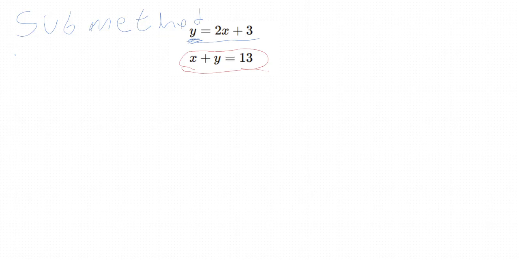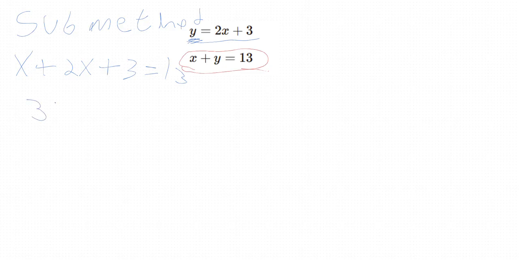So we can rewrite it as x plus 2x plus 3. Make sure you see what I did there. I simply made this y equal what you see above it, 2x plus 3. Then that equals 13.